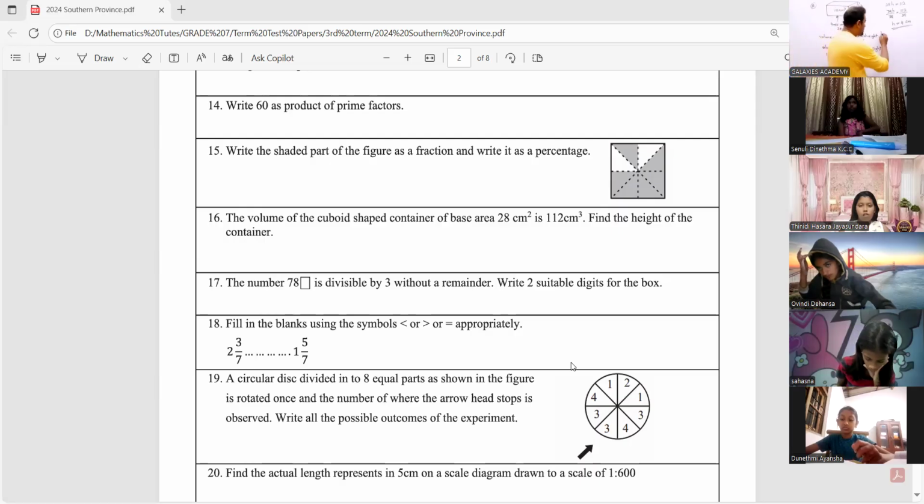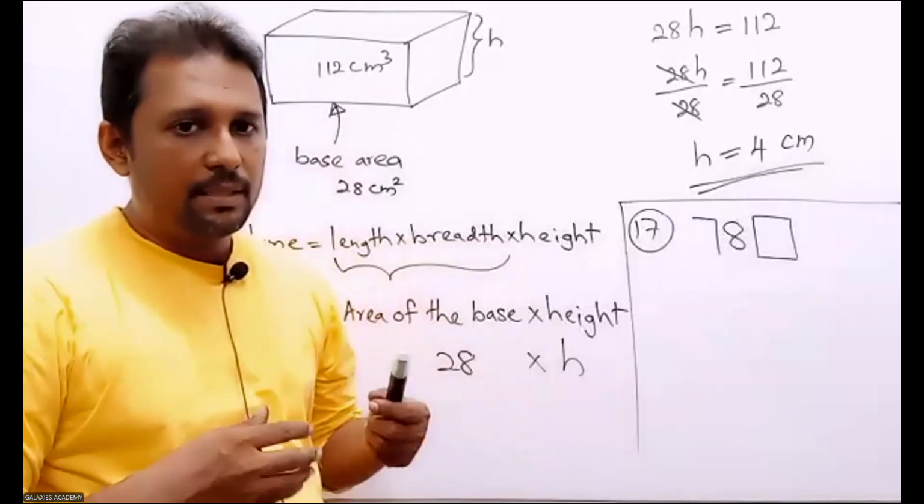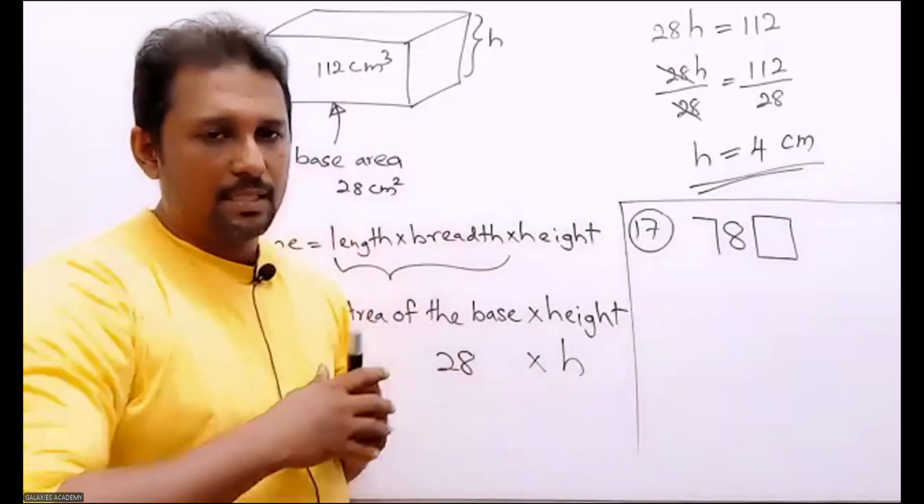Right. Now use the knowledge for this one. 17th question. The number given is 780 with an empty box. The question says this number is divisible by 3 without remainder. If a number is divisible by 3, I already discussed earlier, no?